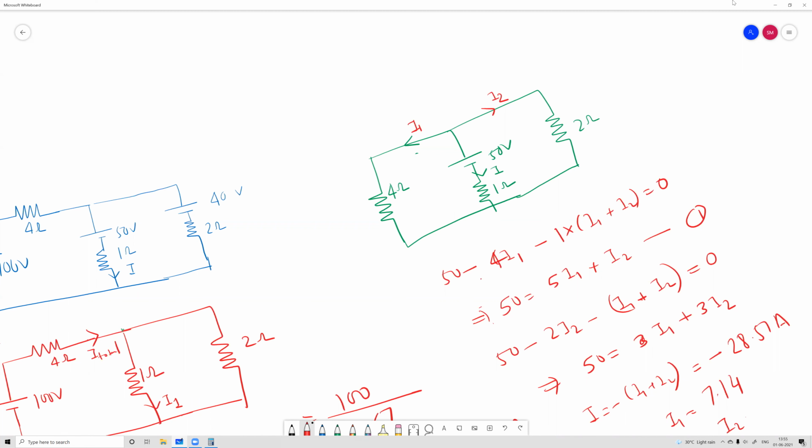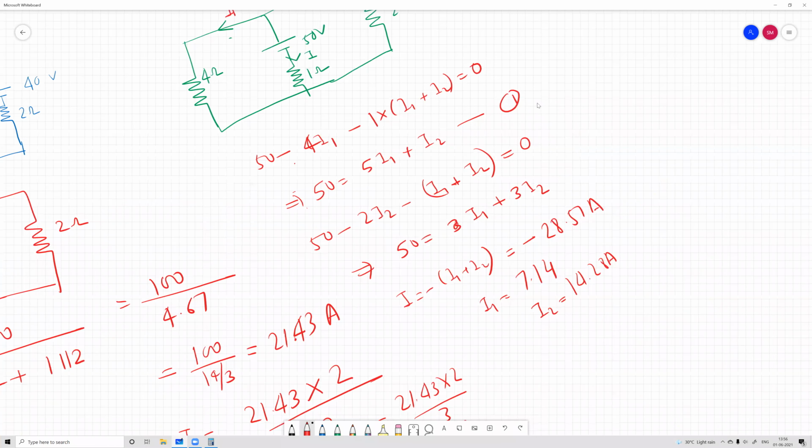Right. But minus. So I would be minus of (I1 plus I2), so minus 21.40. That will be the right answer.